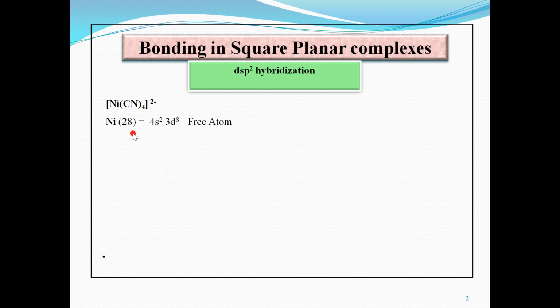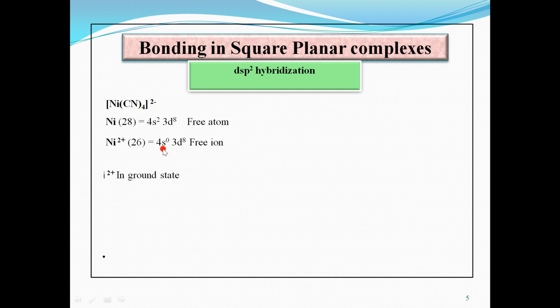Nickel has atomic number 28, and its ground state valence shell electron configuration is 4s2 3d8 in the free state. Nickel is converted into Ni2+ by loss of 2 electrons from 4s, so the electron configuration is 4s0 3d8.